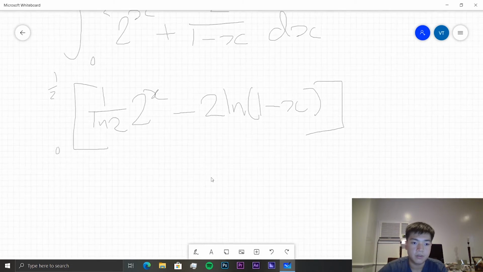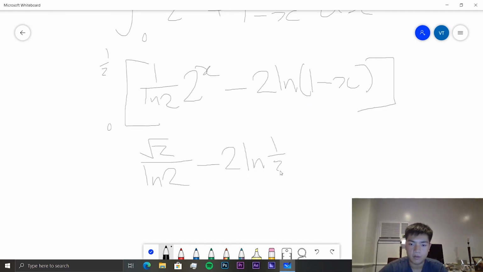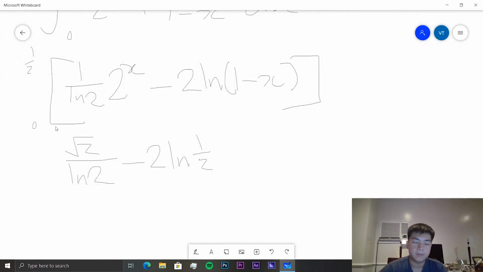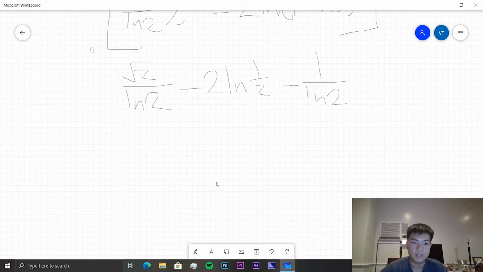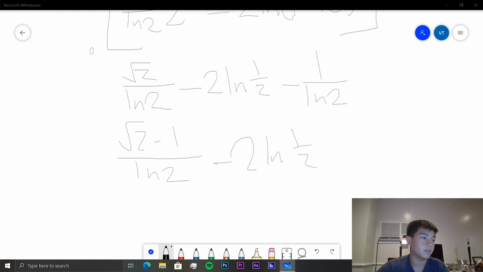So this is equal to 1 over ln 2 times 2 to the 1/2, so root 2 over ln 2, minus 2 ln 1/2, minus 1 over ln 2 plus 2 ln 1, which is 0. So we get root 2 minus 1 over ln 2 minus 2 ln 1/2 is what I got. Yeah.